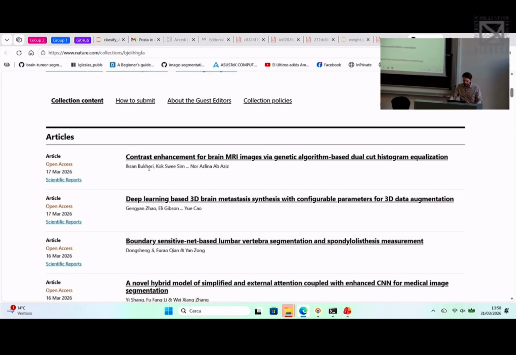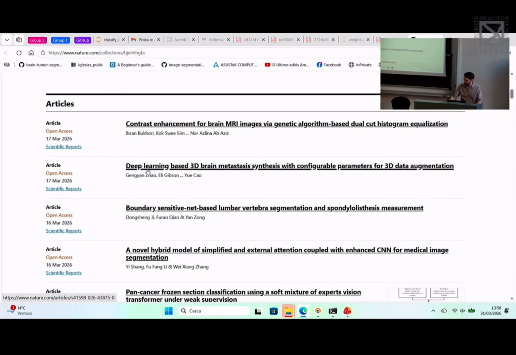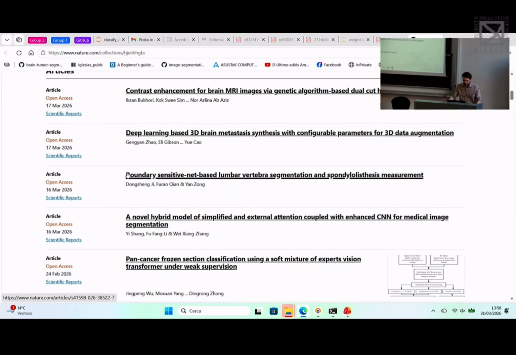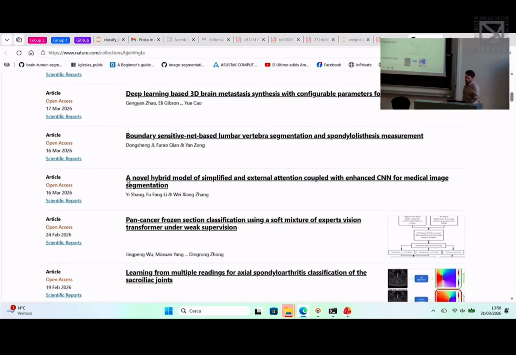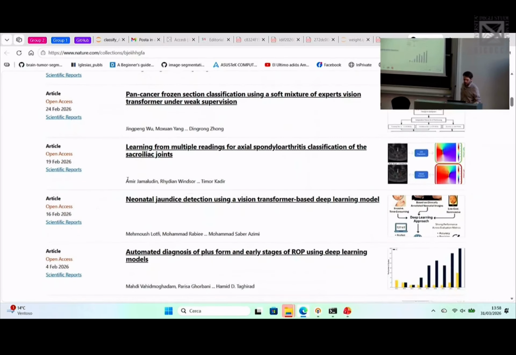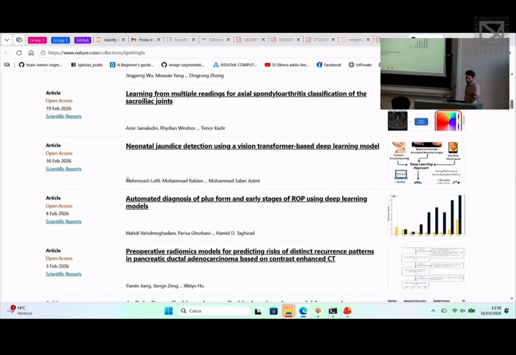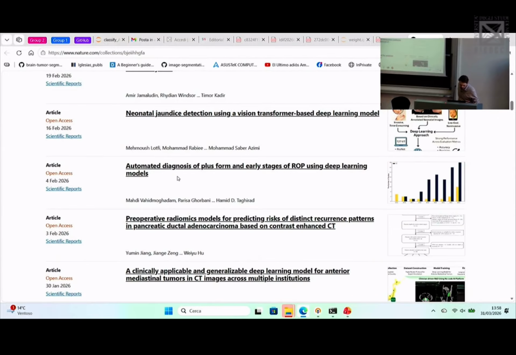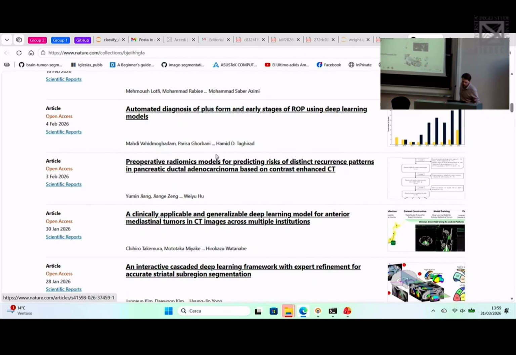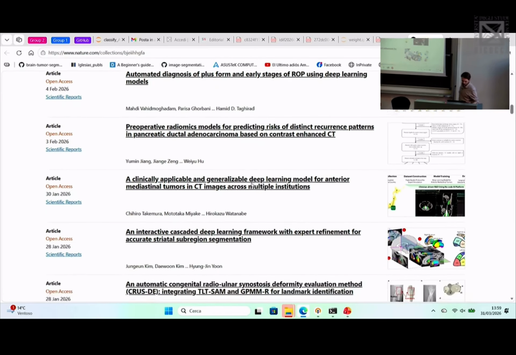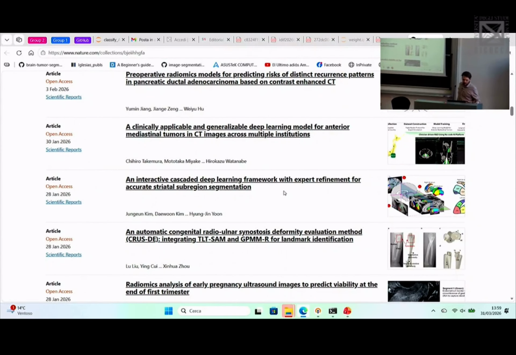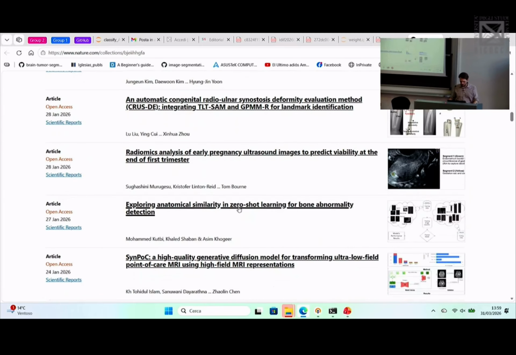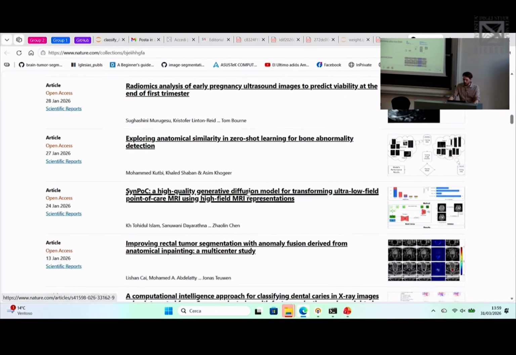Like they get image processing. They get classification tasks. They should also have some radiomics models here. This is probably for all kinds of image classification. There are some papers about segmentation. So you can choose whatever paper you like.